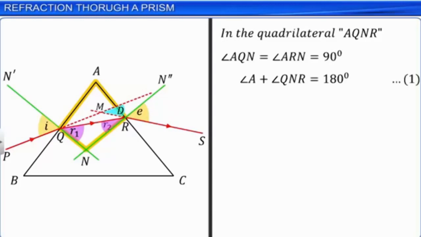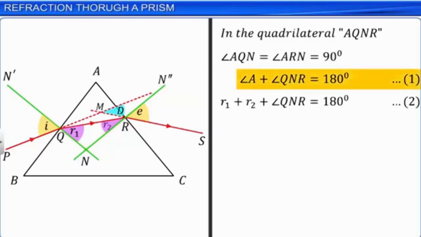Let this be equation 2. From equations 1 and 2, we can write that angle A is equal to R1 plus R2. Since angle A is the refracting angle of the prism, refracting angle A is equal to R1 plus R2. Let this be equation 3.